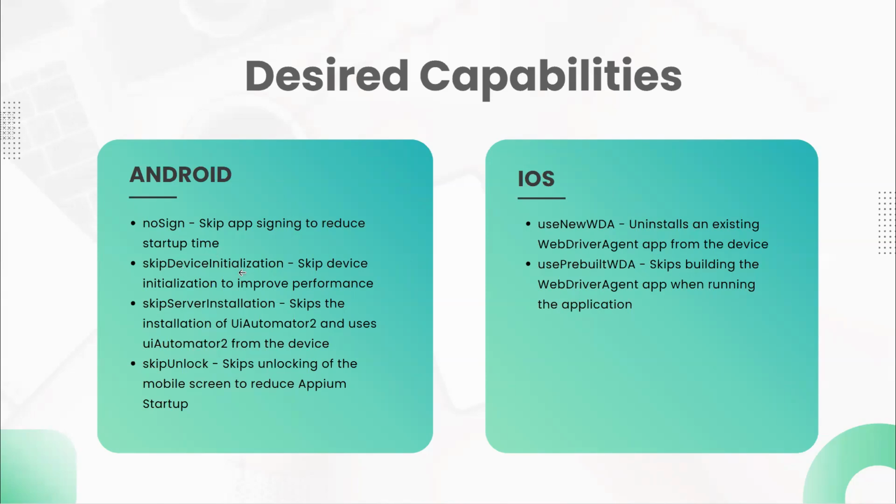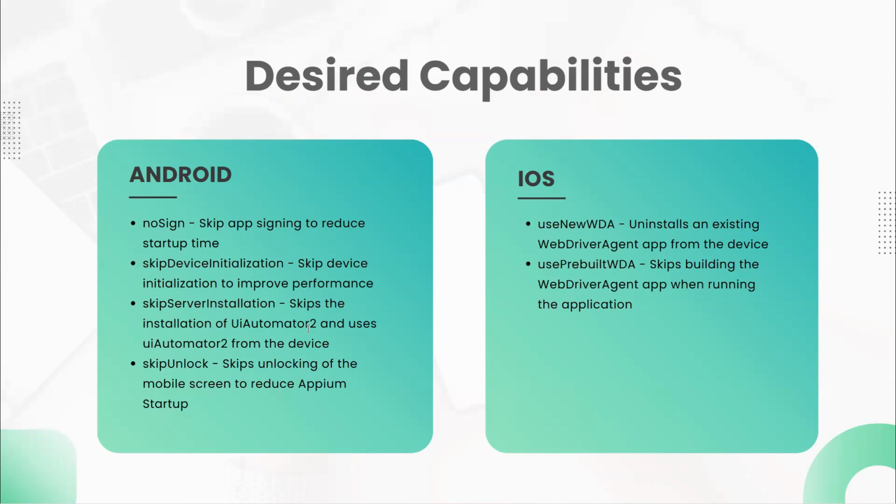Similarly, you can skip the device initialization to improve the performance of your tests. You can skip the server installation of UI Automator 2 and use the default one from your device. This is the automation framework which Android uses. And then you can skip unlocking of your mobile screen to reduce the APM startup time. So these are the desired capabilities which you can set at an Android device level.